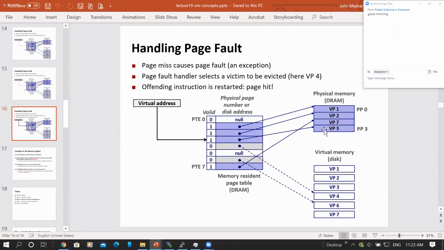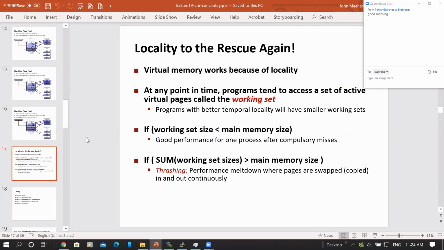So the degree to which locality is exhibited now becomes extremely important again, of staying within your working set and not just jumping all over your virtual address space. Making the thing flip things in and out off the disk would make it run really, really slow, right? 1,000 times slower. That's really, really slower, right?